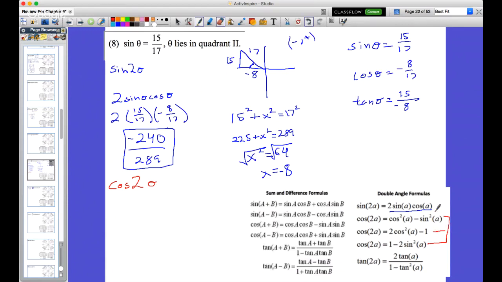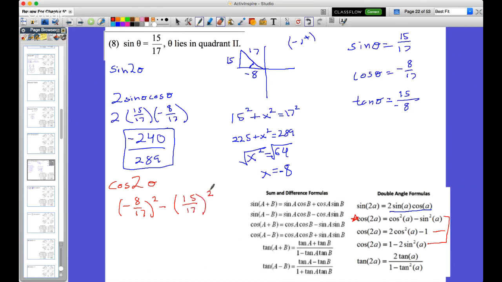I just like to use the first one because I'm used to it, but you're welcome to use any of them. So I'm going to use the first one, cosine squared of a minus sine squared of a. So I'm going to have the cosine squared, which is the negative 8 over 17, minus this sine squared, which is 15 over 17.